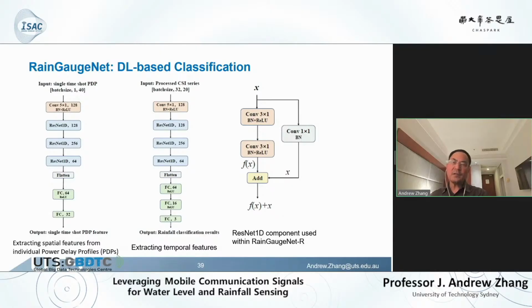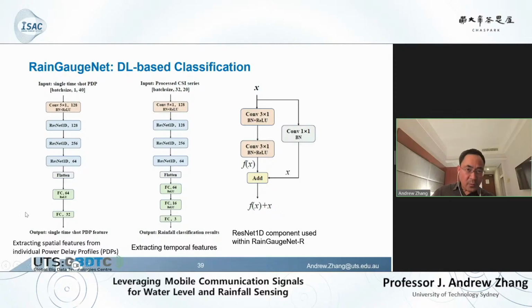So instead of using the Doppler model output, they used the signal power results as we discussed earlier, and use them as the input to the deep learning network. They use some ResNet, one for extracting the time domain feature signal, one for extracting the frequency domain and spatial domain properties.